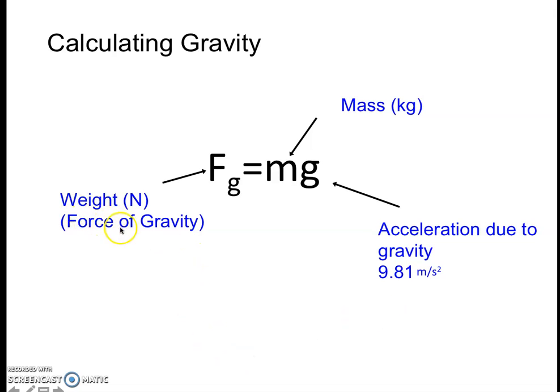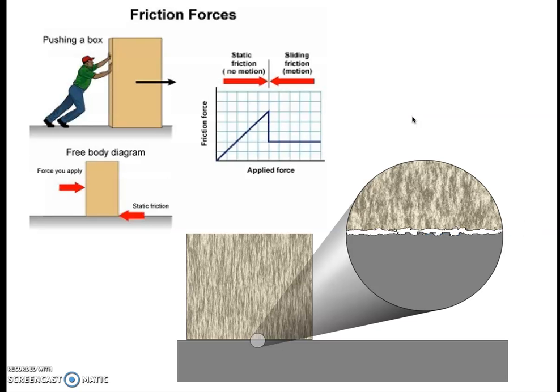Our weight is actually a force, the force of gravity, and your mass tells you how much stuff you have, how many protons, neutrons, and electrons total make you up. So this is gravity, pretty straightforward.